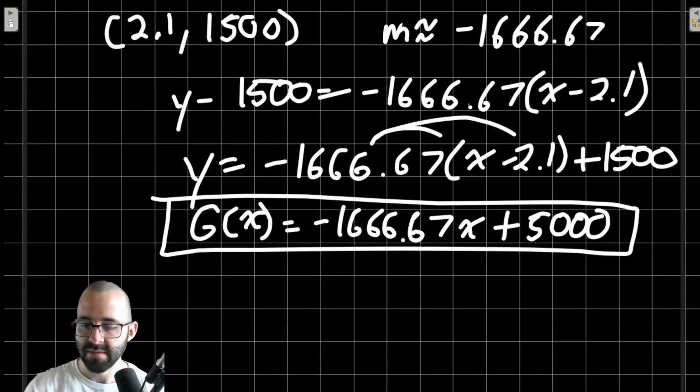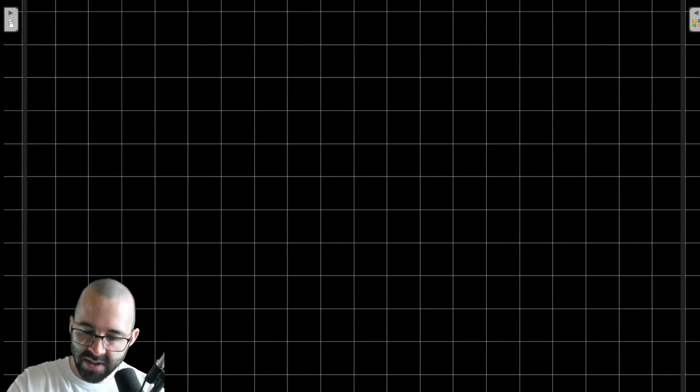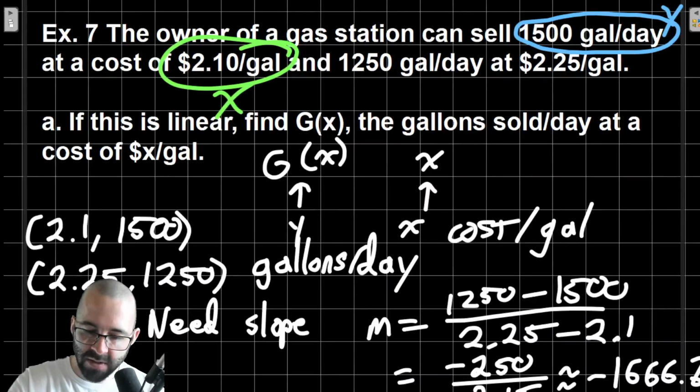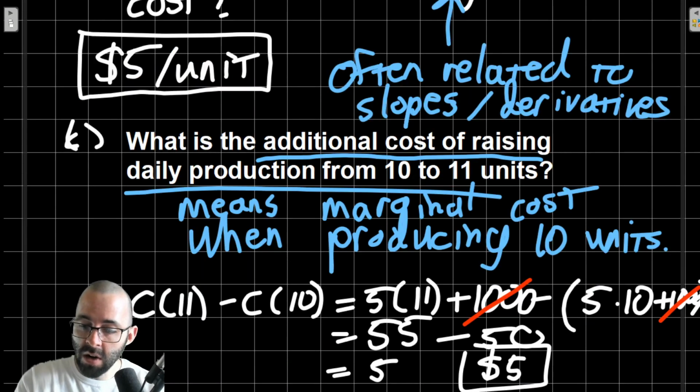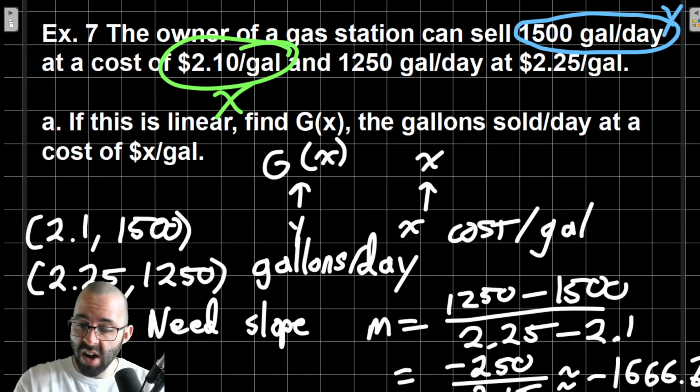Now, be very careful not to confuse these two examples. In the previous example, in example 6, we said the slope is the marginal cost and the 1,000 is the fixed cost. That's only for a cost function. This is not a cost function.